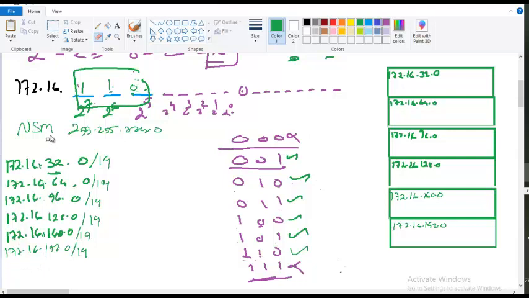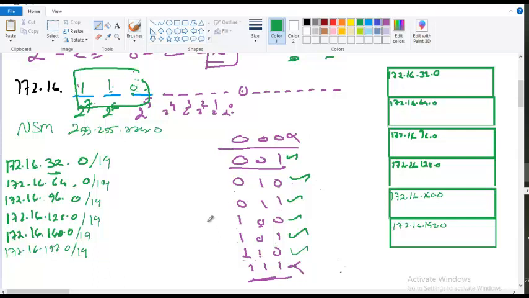The host bit got reduced because we gave some bits for networking. So writing the mask is very, very important.